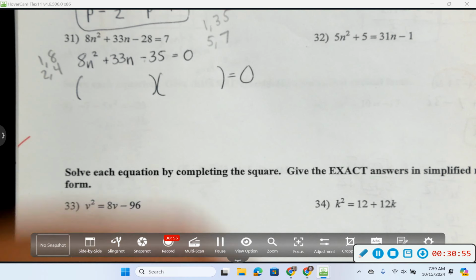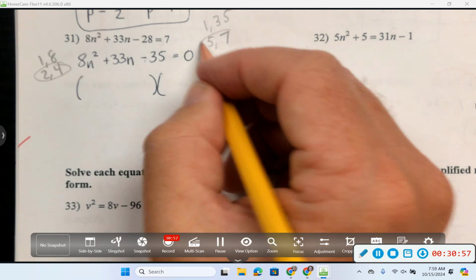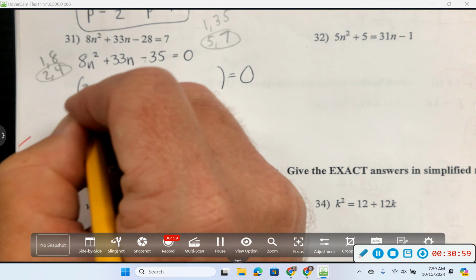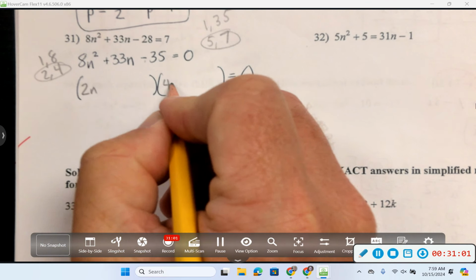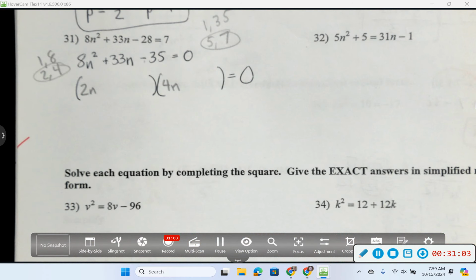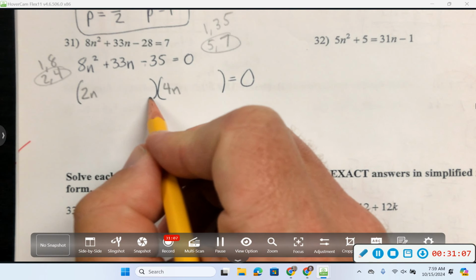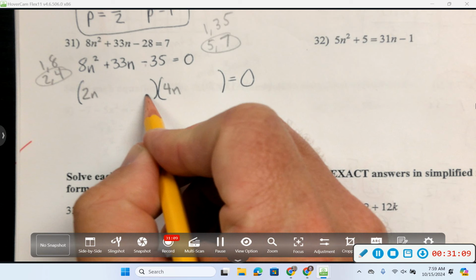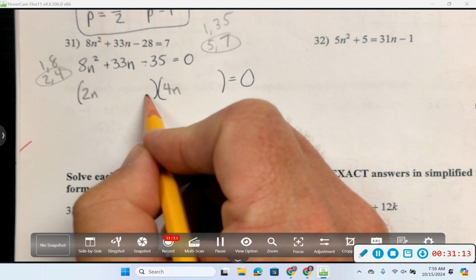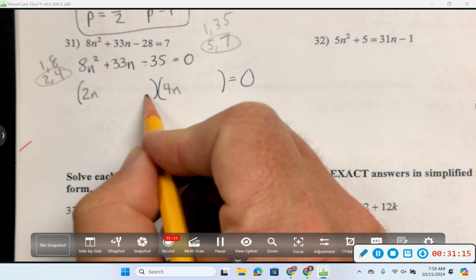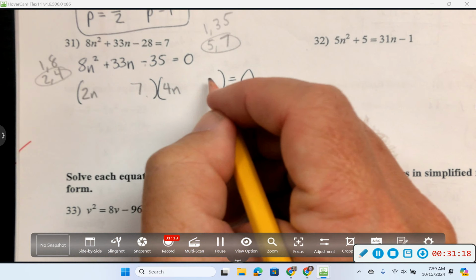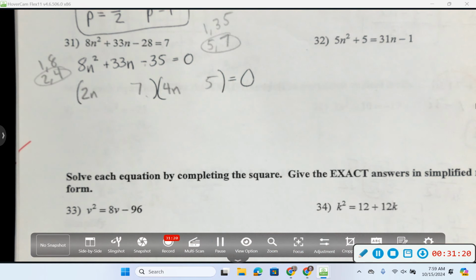I don't know. I usually say start with the middle stuff. Not 5 and 7. Although it might be 5. If I put the 7 across from the 4, that gets me to 28. But one of them has to be negative, so that's not going to get there. If I put a 7 here, it's 28 and 10. 30.